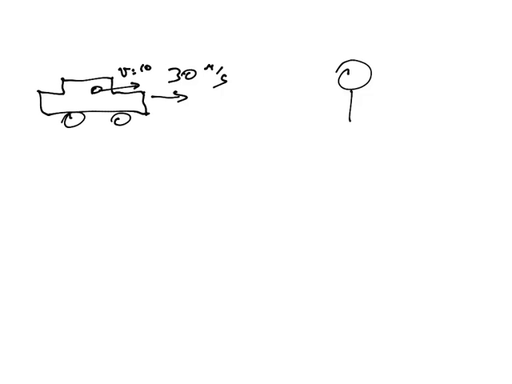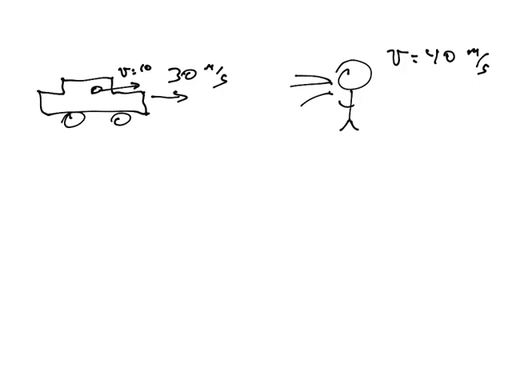Well, someone out here looking at the ball, they're going to see the ball leave from the car, measure the velocity of the ball, and they'll say, oh, the velocity of the ball is 40 meters per second. Because the car's moving 30, so if you don't throw the ball, if you're just holding it, it's already going 30.